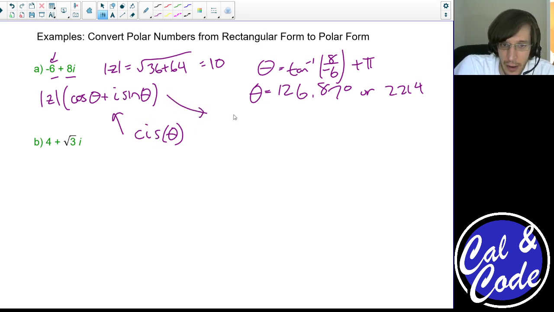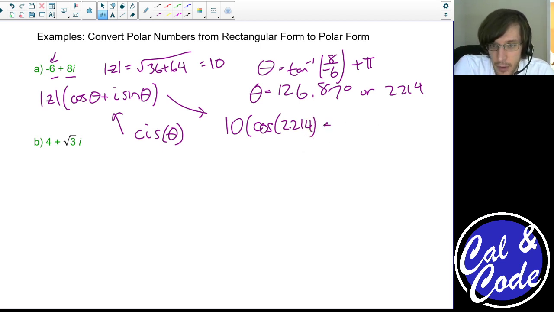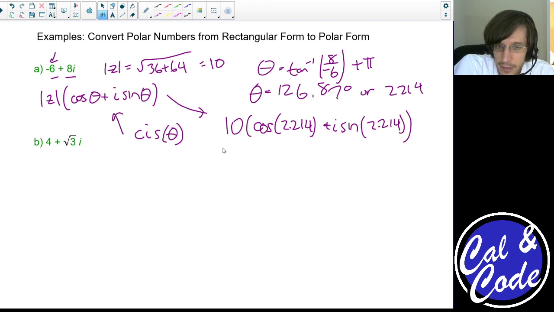I'd like you to write it all out for now. So that is 10 times the cosine of 2.214. If you're going to do it in degrees, you better include the degree symbol. Plus i times the sine of 2.214. And there we have it, I've converted this into polar.